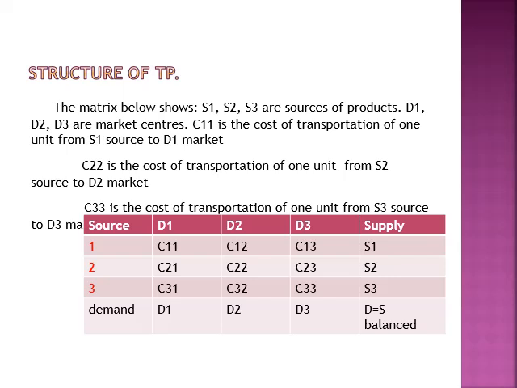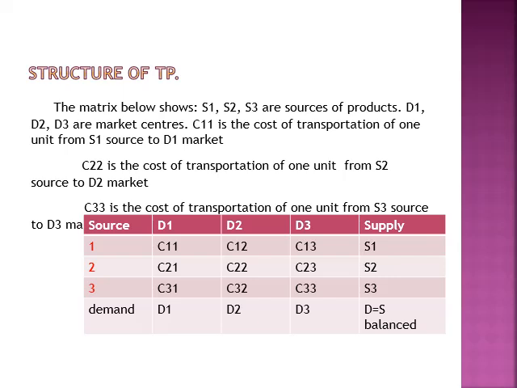The first column on the left side consists of three sources: 1, 2, 3. The upper row is destinations, market centers, say D1, D2, D3. The lower row is the quantity of demand, D1, D2, D3.